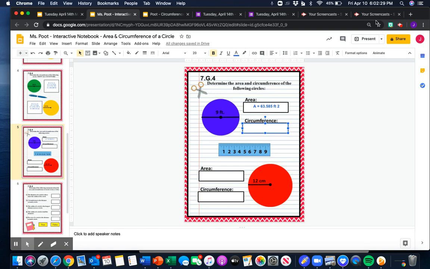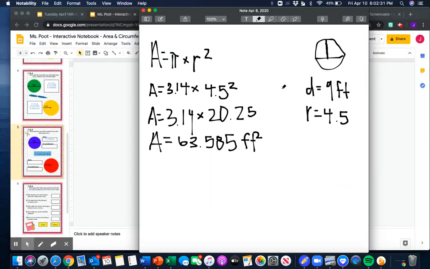Circumference, same thing. I already have this information, so I'm just going to write my formula. C equals pi times diameter. All right, so did they give me the diameter? Yep. So I'm just going to plug it in already.